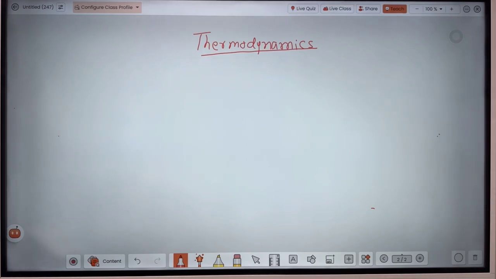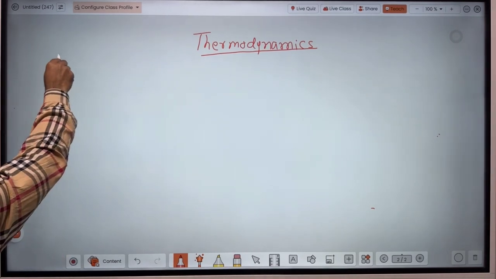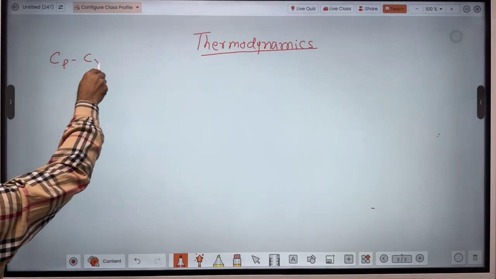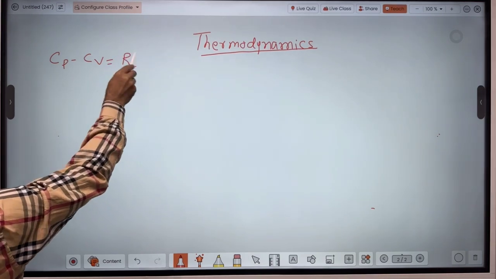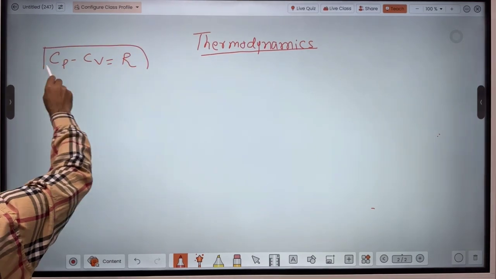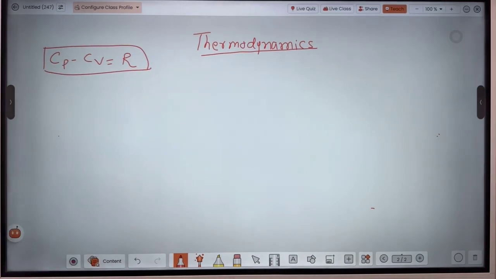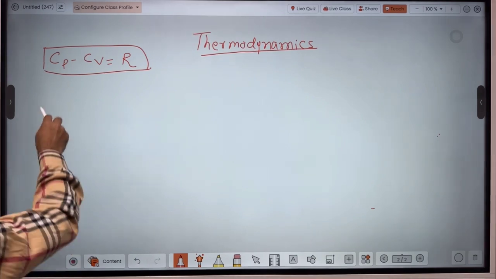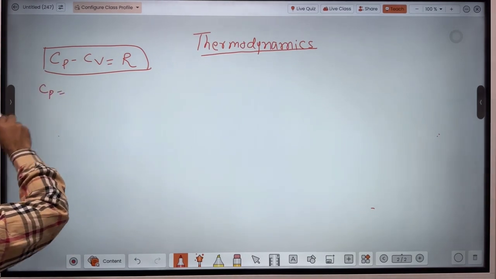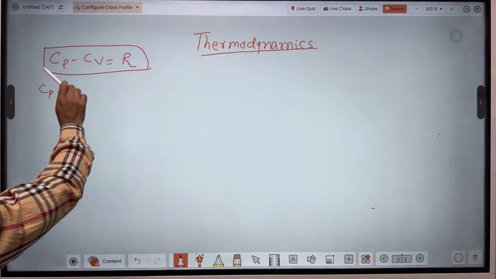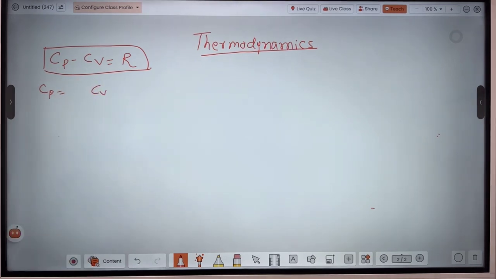Now we are going to see the relation, Mayer's relation, Cp minus Cv equal to R. So let's prove it. So you know Cp and Cv. Cp is specific heat at constant pressure, and Cv is specific heat at constant volume.